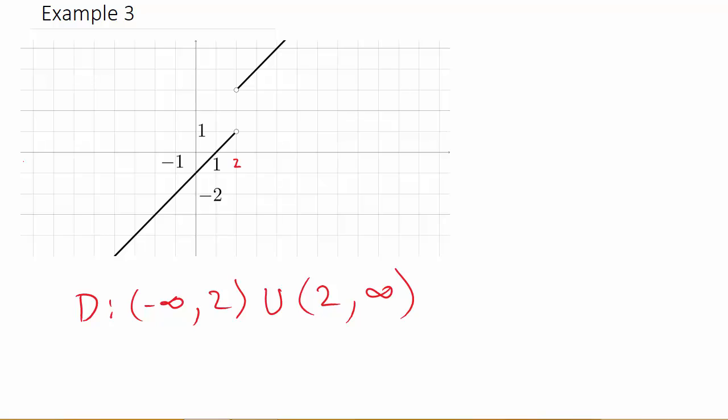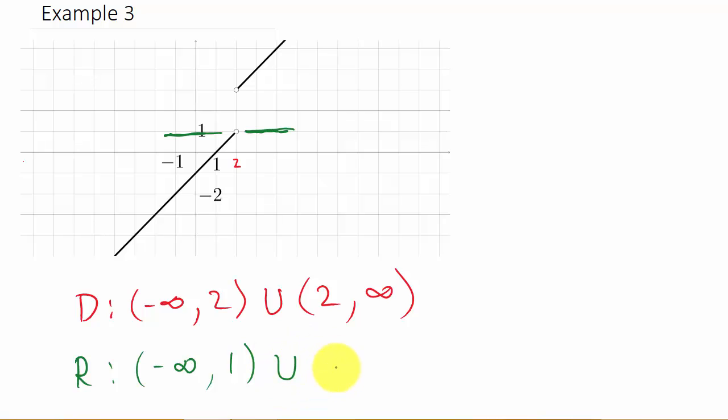All right, now the range. That's what y values it's going to hit. The graph is coming down forever, so for the y values, it starts at negative infinity. It goes up to this y value of 1, and that's going to have a parenthesis on it because the 1 is not included.